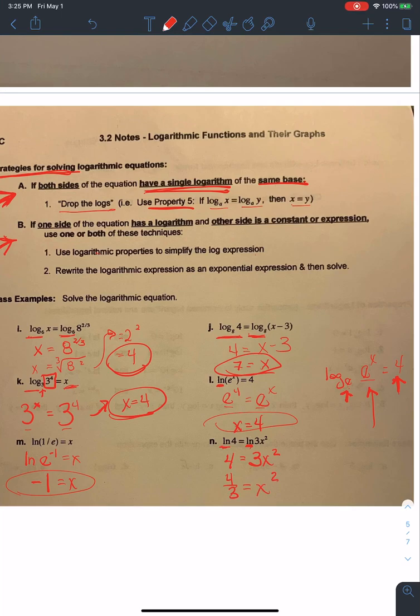I don't want x squared, I want just x, so I'm going to square root both sides. That's going to give me plus or minus the square root of 4/3. And I'm going to let you leave it just like that and not even make you reduce it from there. I hope these logarithm notes have been helpful.